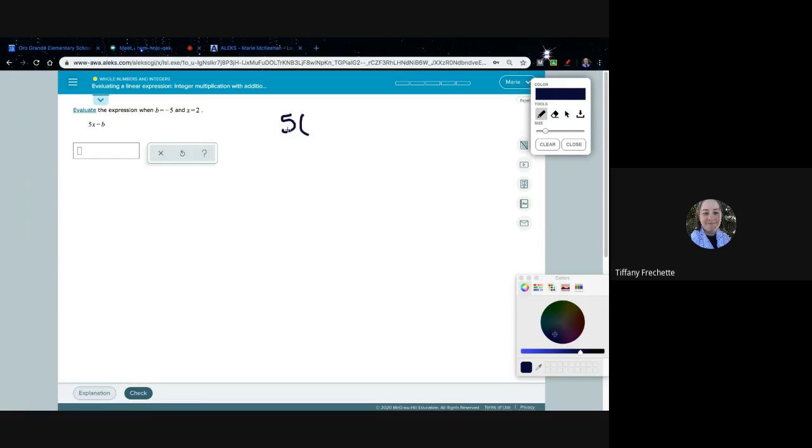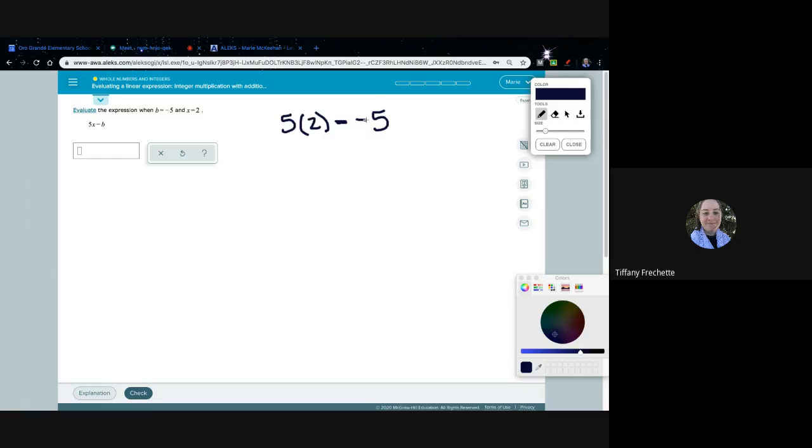So I have 5 times, instead of x, I'm going to fill it in with 2, minus, instead of b, I'm going to write -5. This minus came from the expression, and this second negative came because b is also -5. So make sure you put both in. Don't let one replace the other.